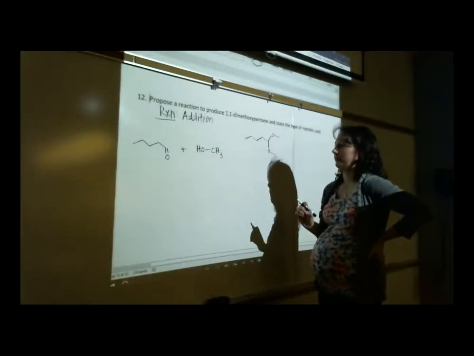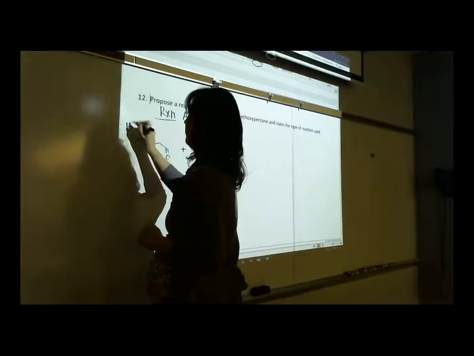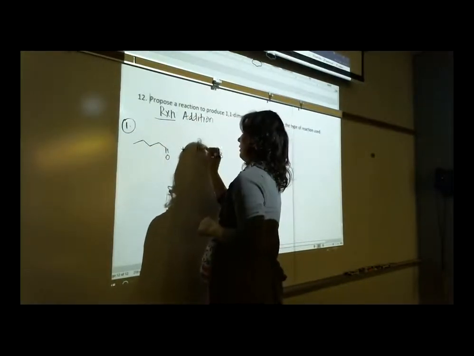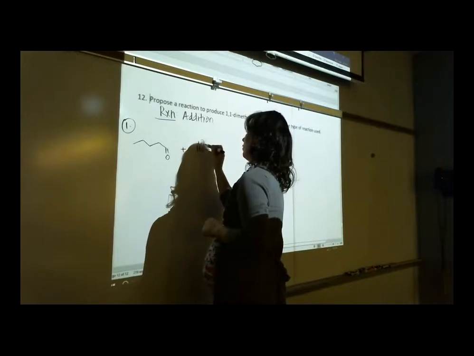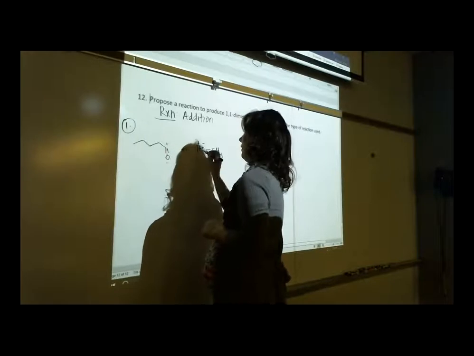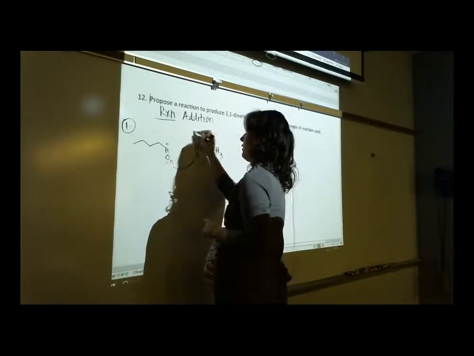let's go through that again. Let's get rid of this. All right, it's going to be a 2-step reaction. So the hydrogen is the positive part, the oxygen is the negative part, carbon's the positive part, right? So the hydrogen goes on the oxygen, the OCH3 goes here.